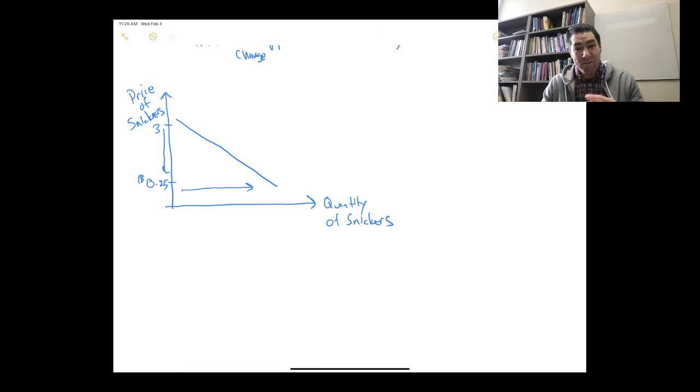So there was an inverse, or negative, relationship between the price of the Snickers and the quantity of Snickers that we were willing to buy. That's an important concept called the law of demand.